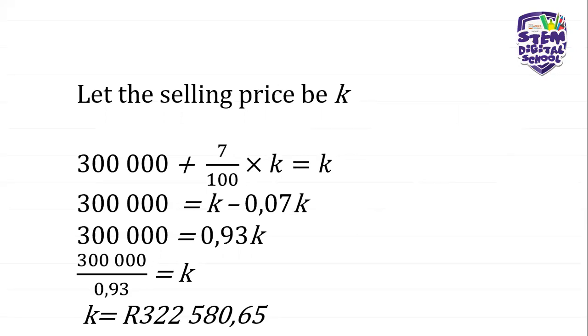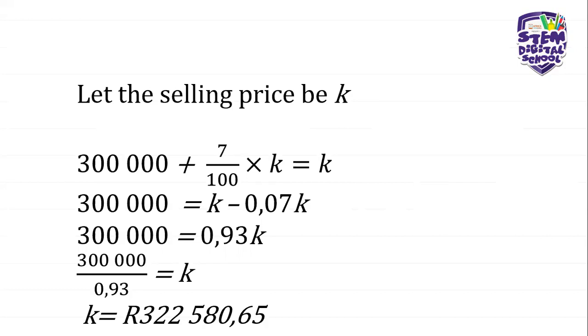At this point, what we know is that the estate agent is going to charge Joseph 7%. And of course, we also know that Joseph needs an amount of 300,000 rands.